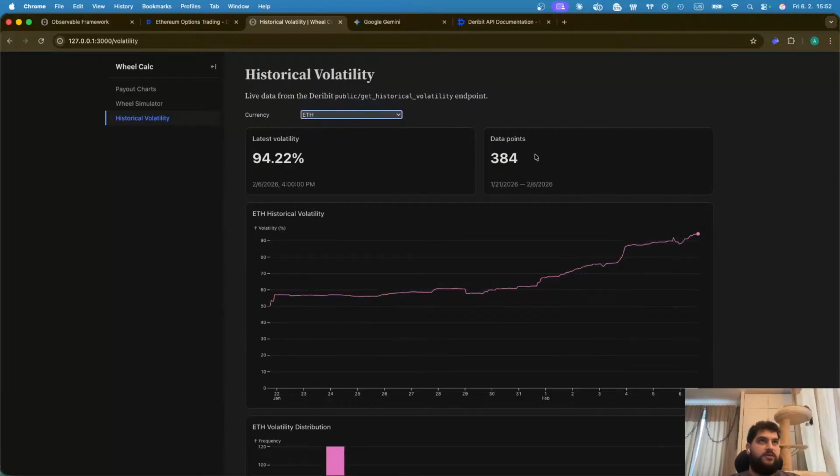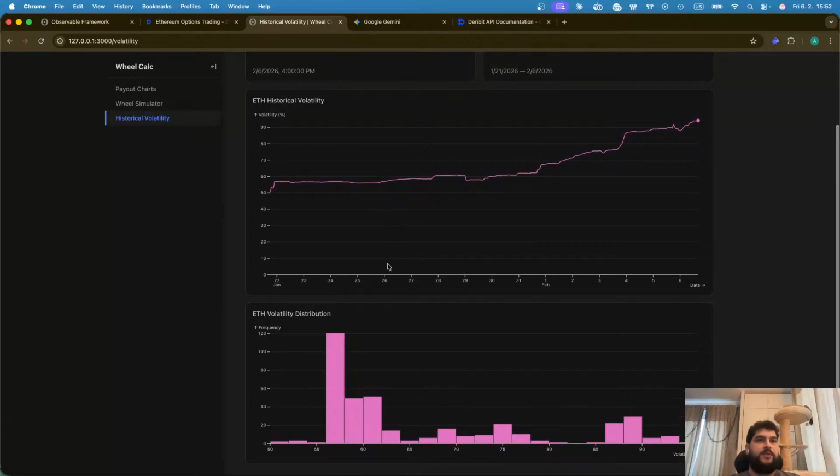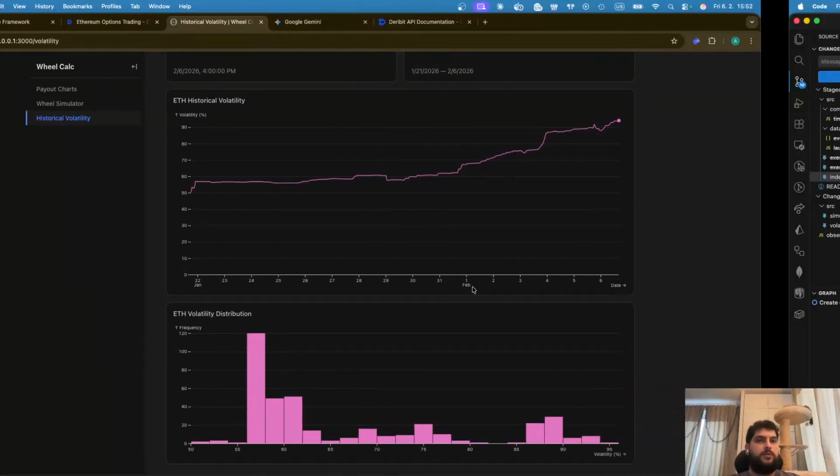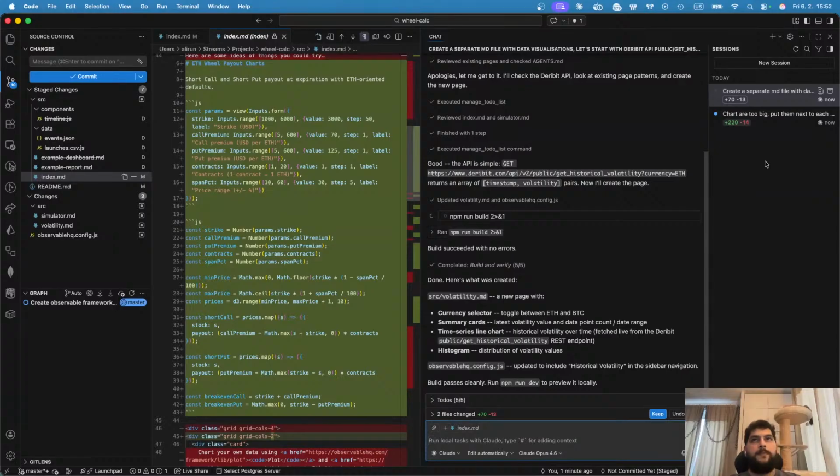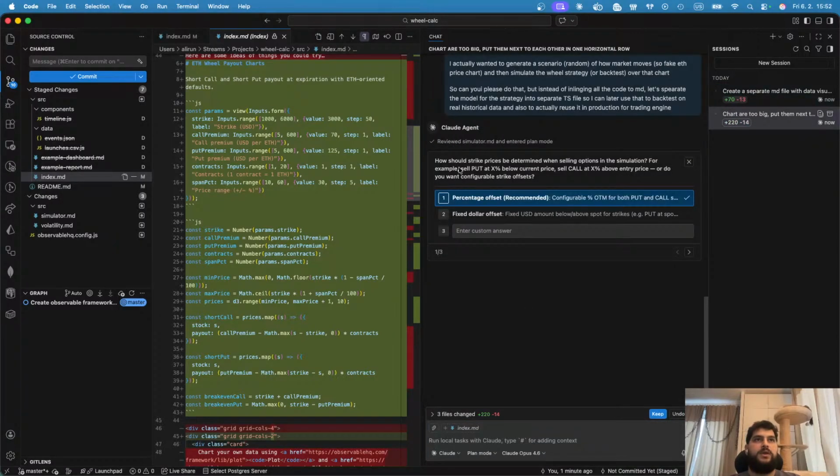Okay, so we have our historical volatility. Okay. How should strike price be determined when selling options in the simulator? For example, sell put at X% below current price, sell call X% above entry price, or do you want configurable strike offsets? Let's go with recap.